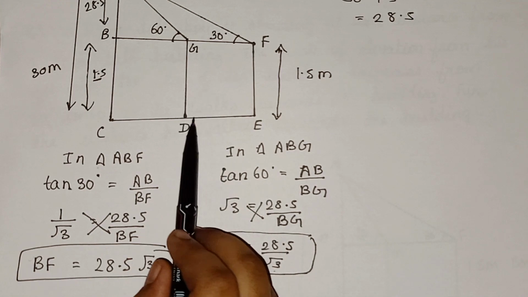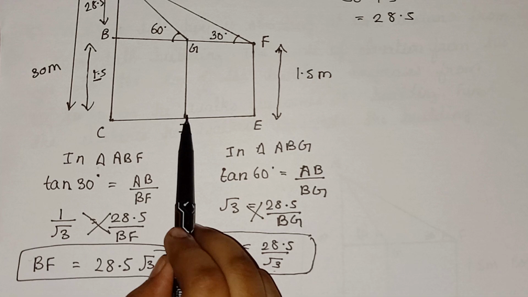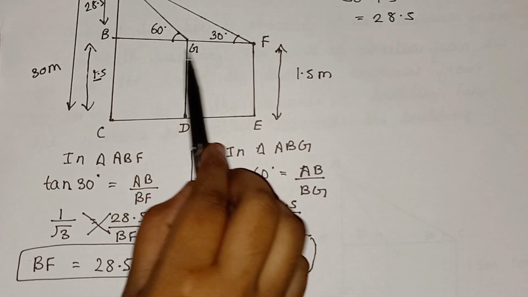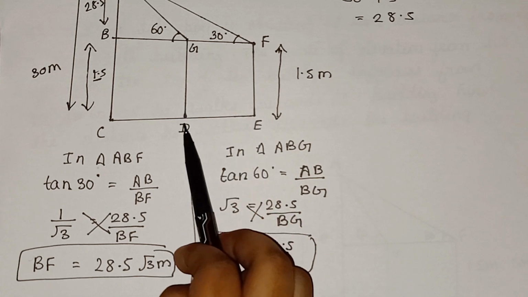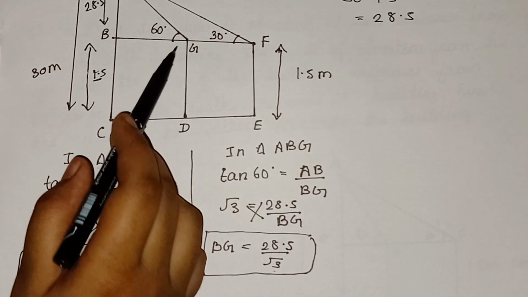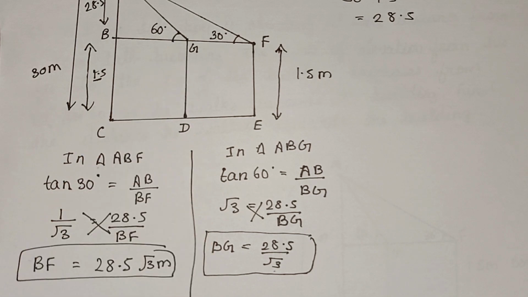From here he traveled here, the same amount of distance. If you find GF and if you find DE, both are the same only. GF is pretty easy because we have angles here, so focus on the area in which we have angles. It's going to be helpful for you.